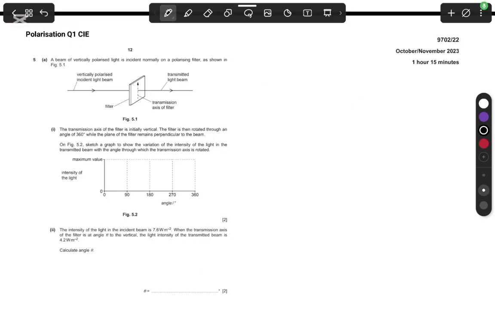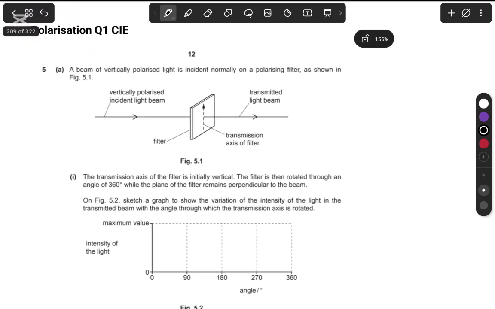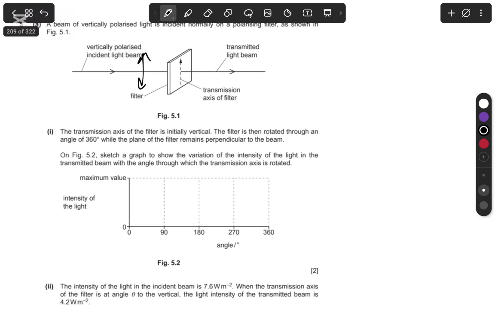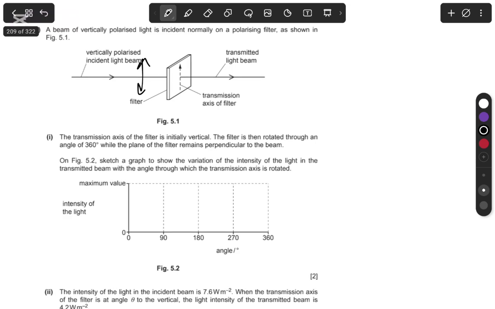This is going to be November 2023, paper 2-2. So question 5, it says a beam of vertically polarized light is incident normally on a polarizing filter as shown in figure 5.1. The transmission axis of the filter is initially vertical.